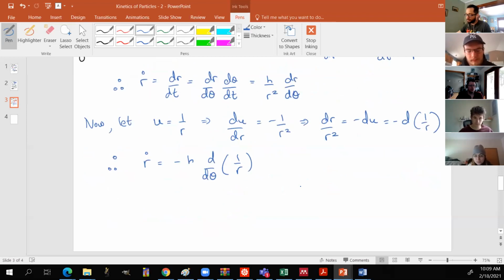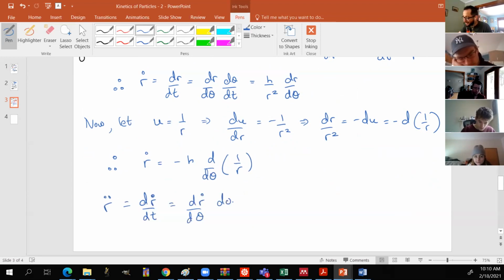Okay, and then we can say that r double dot is just dr dot over dt. So you do the same thing, you get dr dot over d theta times d theta over dt. And you replace your h over r squared over here, so you get h over r squared times dr dot over d theta.